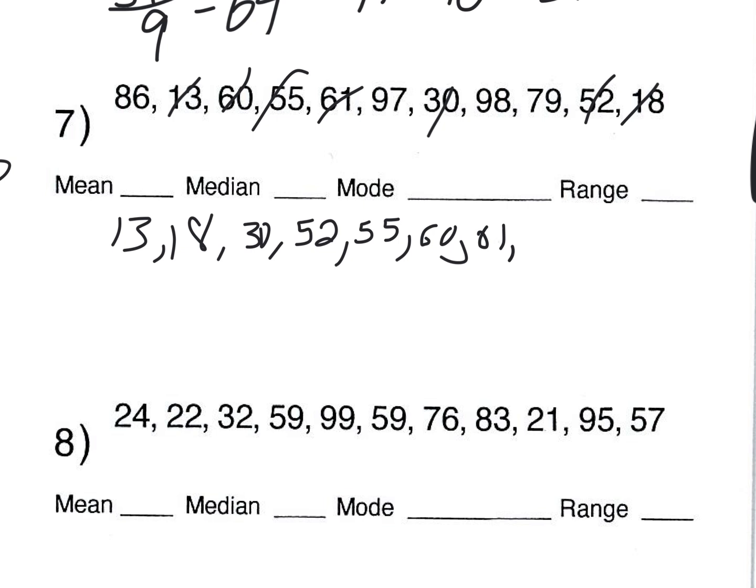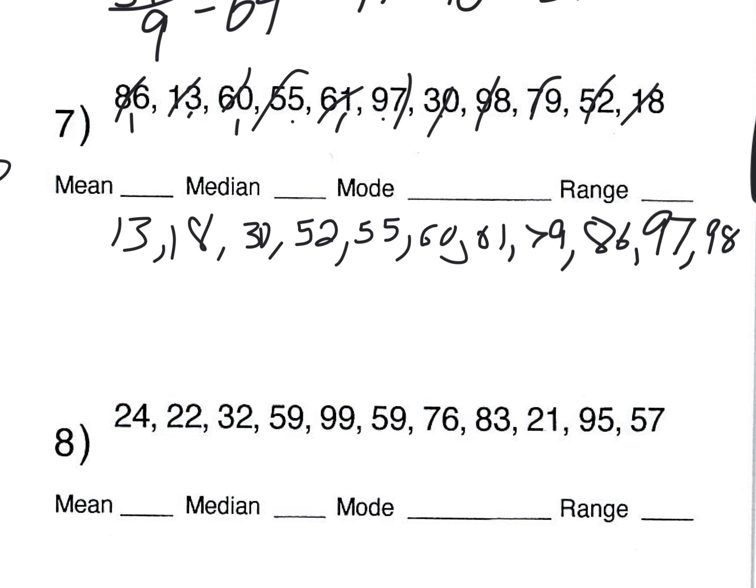61 leads to 79. Then 86. Then 97. And 98. Okay, got them all taken care of. I count them 1, 2, 3, 4, 5, 6, 7, 8, 9, 10, 11.